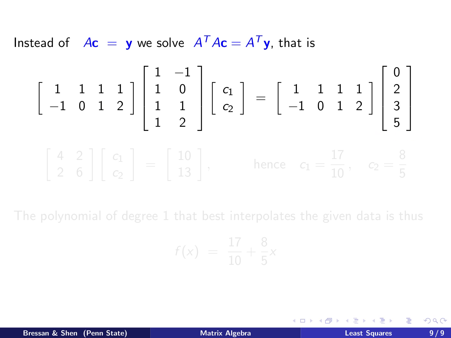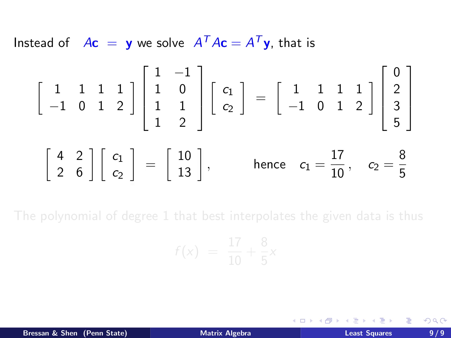So we can work out this matrix multiplication and this matrix and vector multiplication. After working out those products, we have the system here. This matrix times that gives you this 2 by 2 matrix, and this matrix times that gives you a vector of length 2.